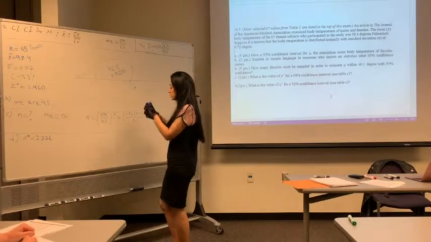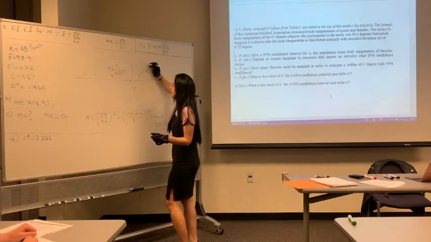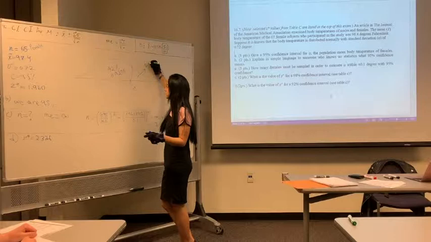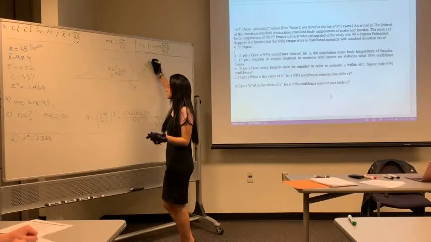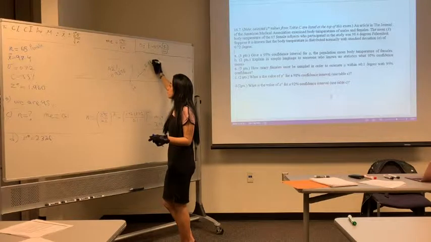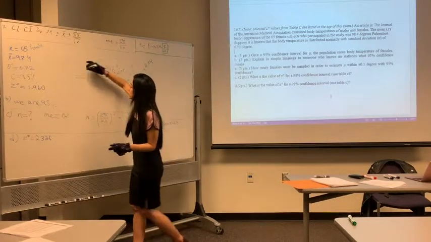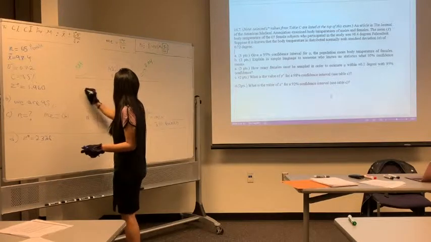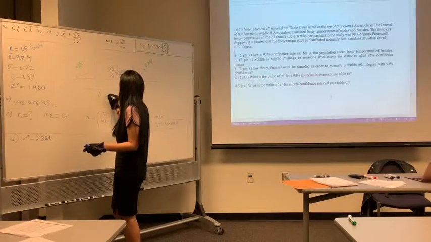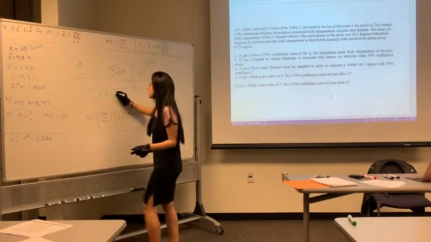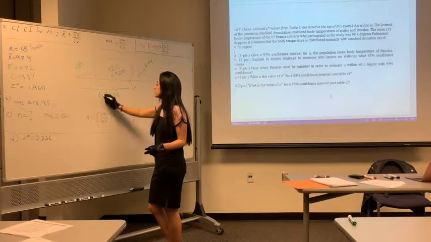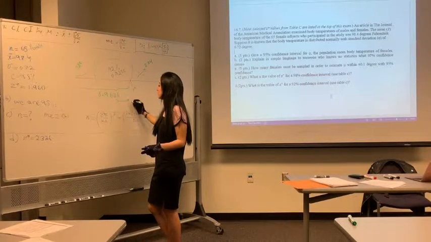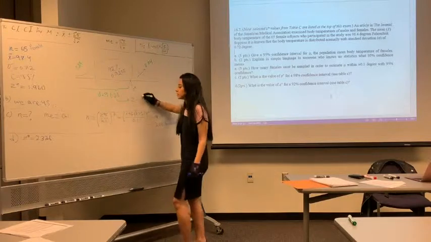So what is this area? 0.04, right? This one is also 0.04. The total area will be 0.96, correct?